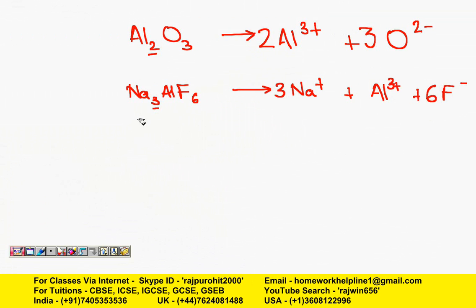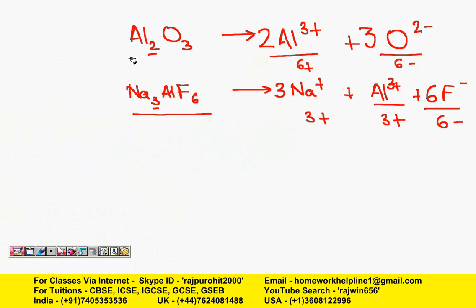Total charge also has to be balanced on both sides. You can see on the left side there is no net charge. This is having charge 3+, aluminium is also having charge 3+, and fluoride will have charge 6-. So net charge on the right side is also 0. For the earlier equation also, 2 3s are 6 positive and 3 2s are 6 negative, and on the left side also you can see there is no net charge.